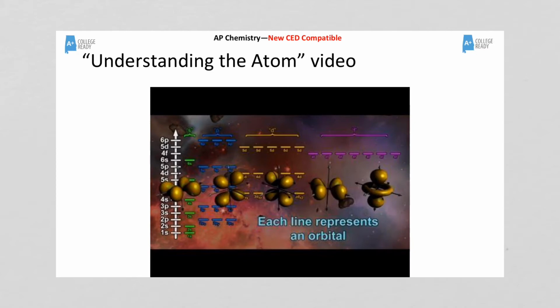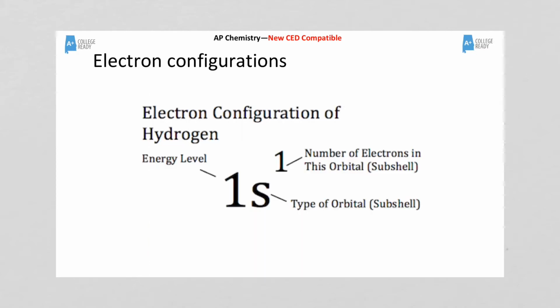This is a good video if you want to delve into that a little bit more. And this is what I'm sure you've done before. It's just the electron configuration. Again, the number tells us the energy level. The type of orbital really is a shape, but we don't really have to worry about that so much. But this is the type of orbital where that electron is located, and the superscript is how many electrons are located in that place.